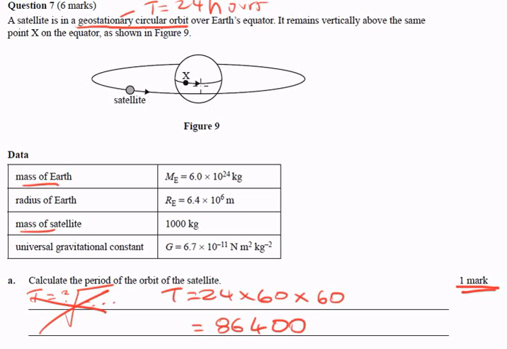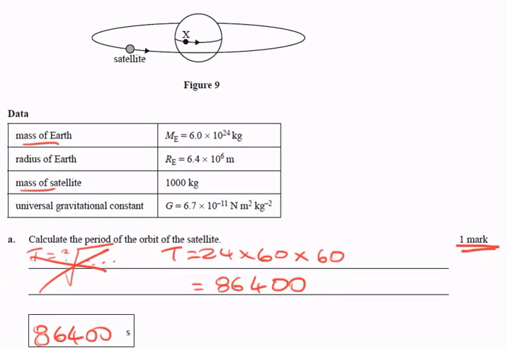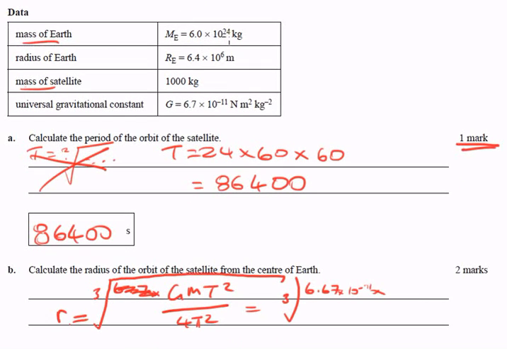So the satellite is going around the Earth, and Earth is in the middle, so in this case it's the mass of the Earth, 6 by 10 to the 24, times the time we've worked out, 86,400 squared. And then we divide by 4 pi squared.